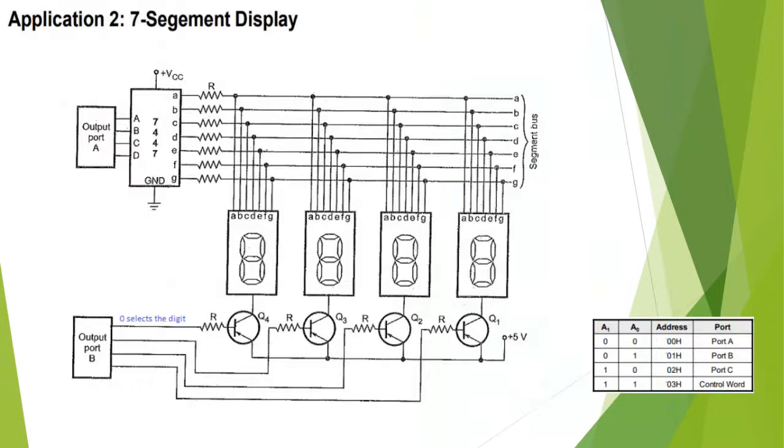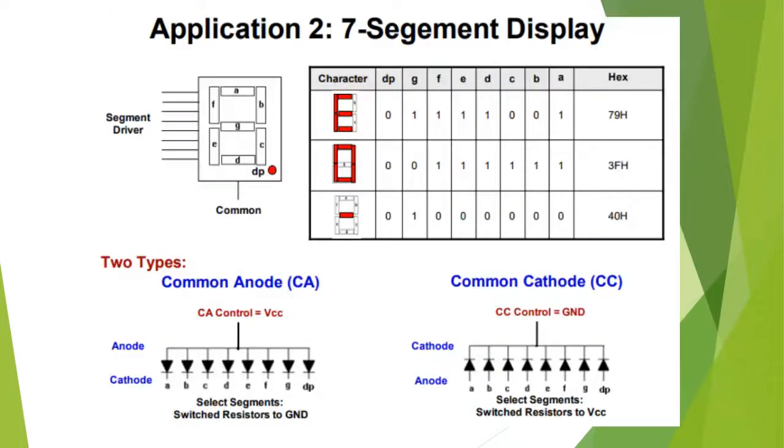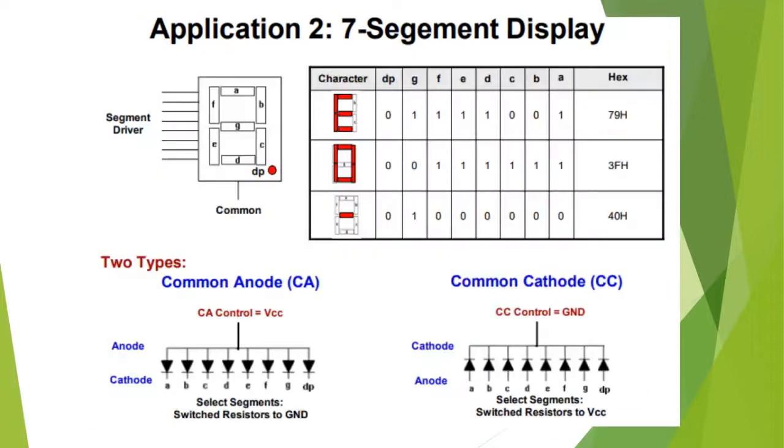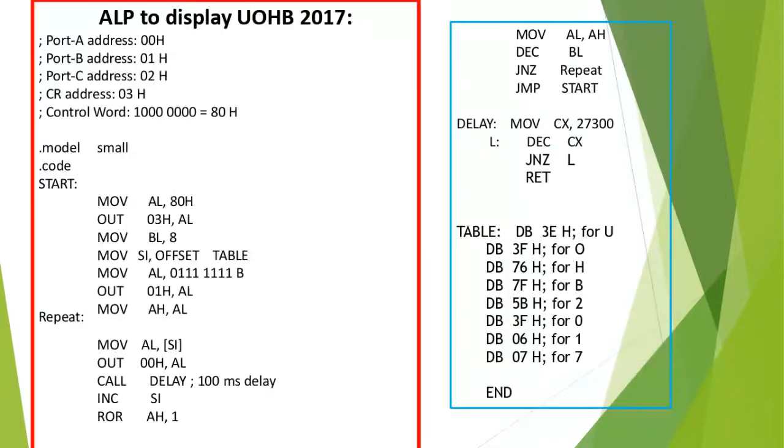That means what happened now? If you look at it, this one is 0, all the other things are 1. That means this one is active. Now we'll send the data for U through port A. This AL data we have to shift to AH, because we will use AL again.